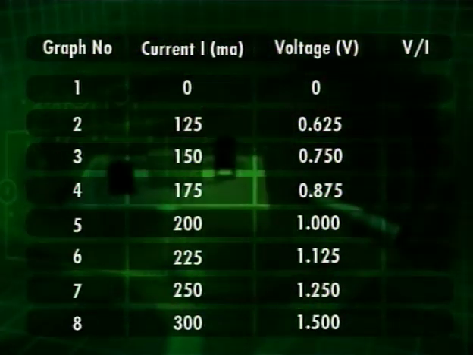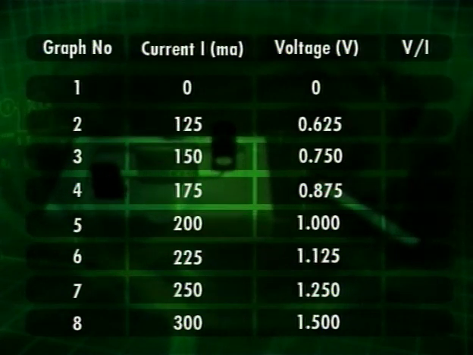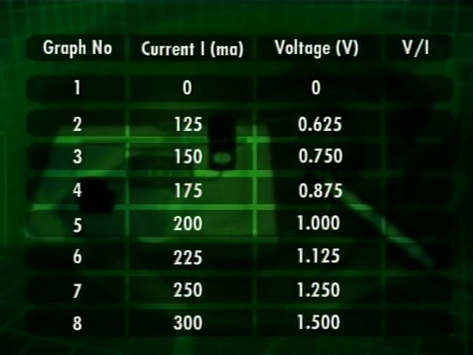In the last column, the ratio of voltage and the current has been calculated.